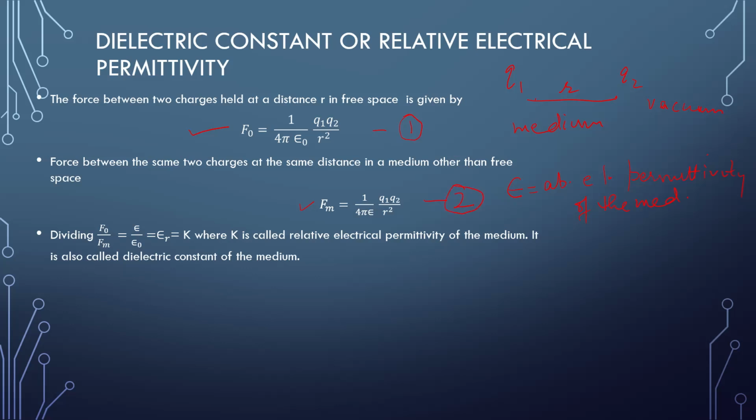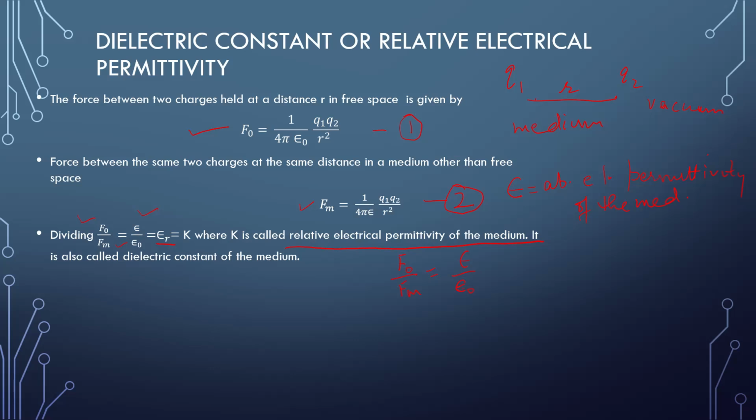Now let's say this is expression 1 and this is expression 2. Dividing 1 by 2, F naught upon Fm is equal to epsilon upon epsilon naught, which is equal to epsilon r, which is equal to k. This k is called the relative electrical permittivity of the medium, and it is also called the dielectric constant.